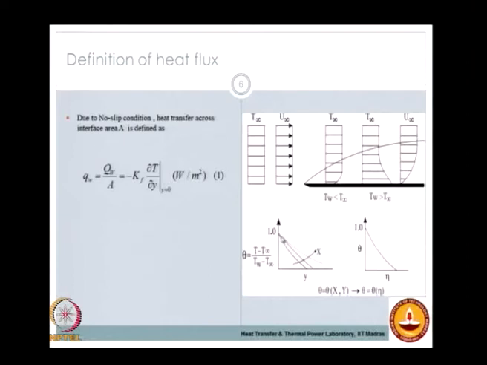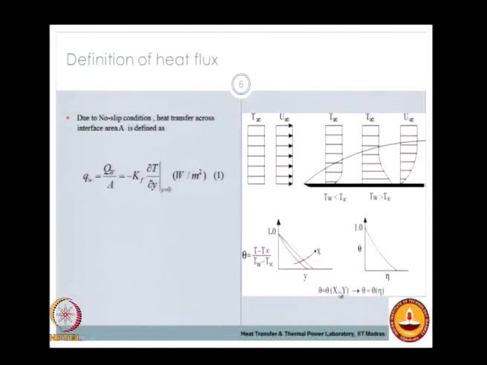Now if you plot these profiles, you find that it is dependent on both x and y. However, if you define what is called a similarity variable, which is a combination of both y and x, you can reduce the dependence of theta to a single variable, the similarity variable eta.